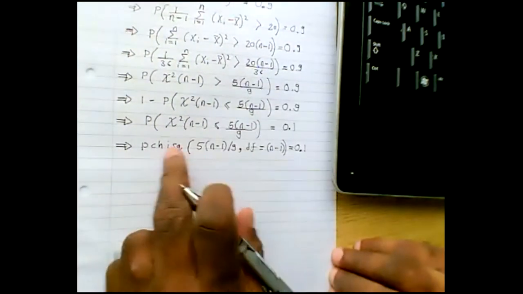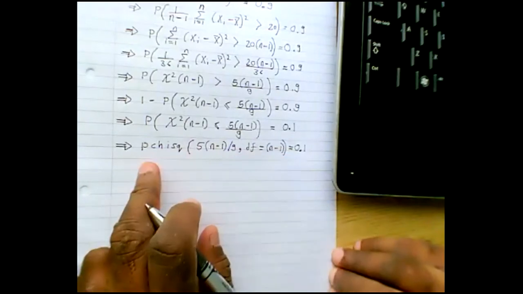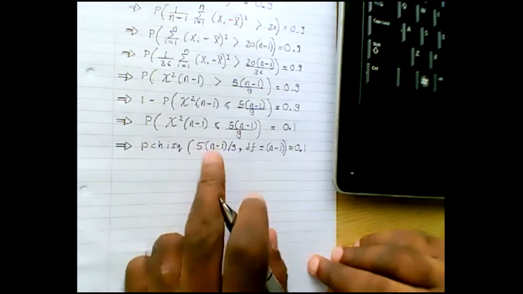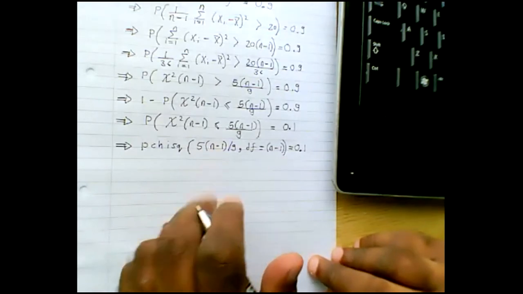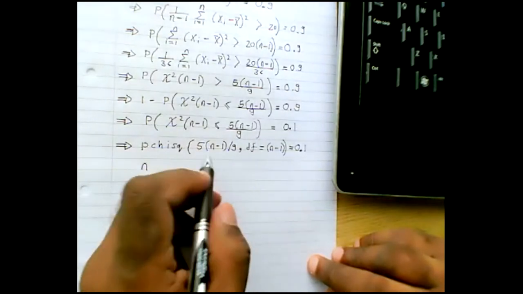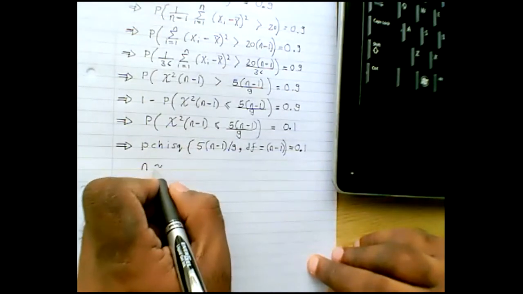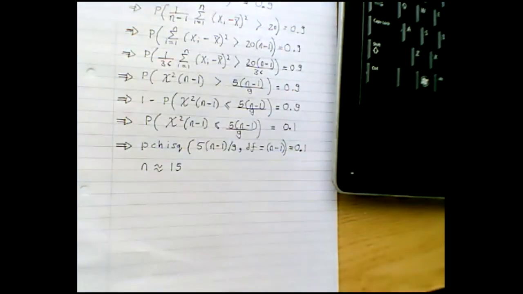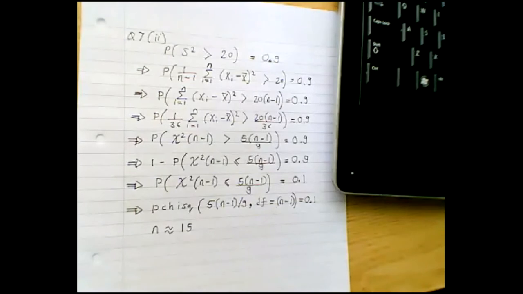Now I won't be able to solve this equation now; you have to solve this using R. You will get n, the sample size we are trying to solve for, to be approximately equal to 15. All right, so that's the answer to part 2 of question 7.